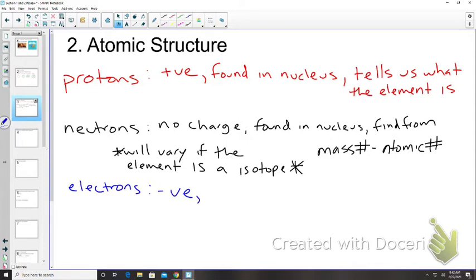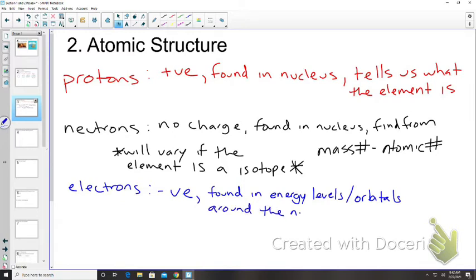Perfect. So they are found in energy levels or orbitals around the nucleus. Good.